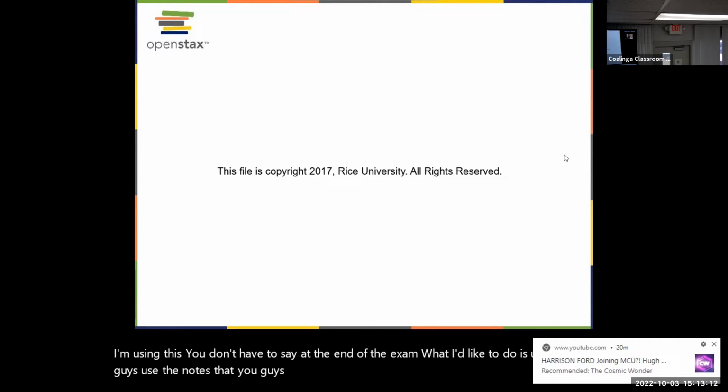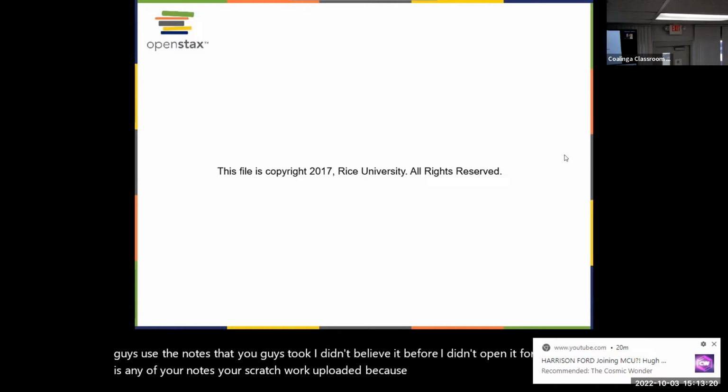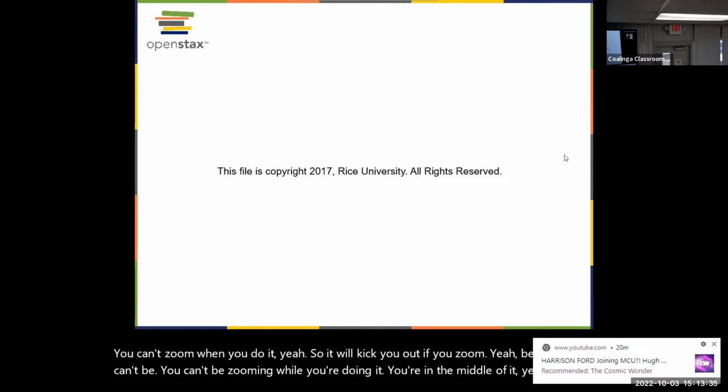I didn't open it up for you. But any of your notes, your scratch work, upload it. It kicked me out because I was zooming. Yeah, you can't zoom when you do it. I didn't know. It will kick you out if you zoom, because you can't be zooming in the middle of an exam.